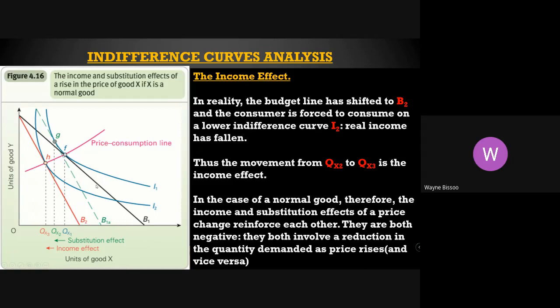You realize B1 shows the cheaper prices, B2 represents the higher prices. So therefore, B1A is going to be representative of that higher price ratio. So that's the substitution effect from F to G, and then from G to H would measure the income effect or the effect of the income change.